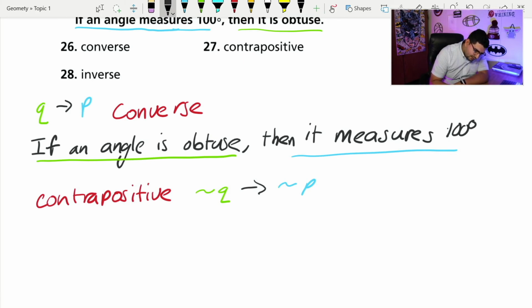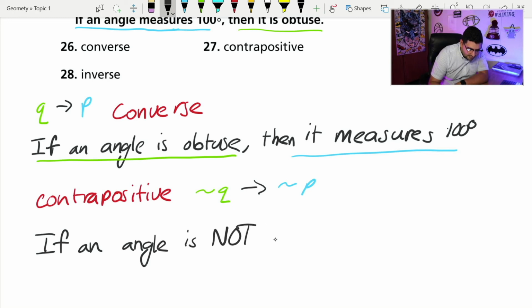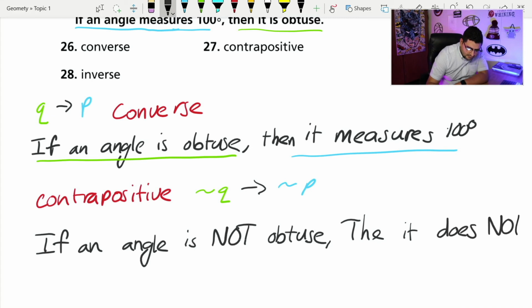So if an angle is not obtuse, so this is how we negate it, then we can say it does not measure 100 degrees.